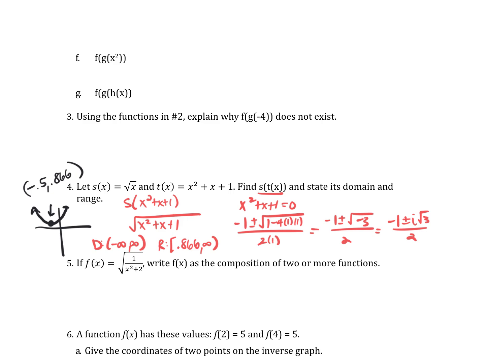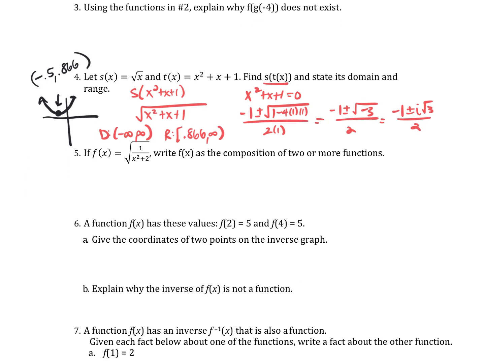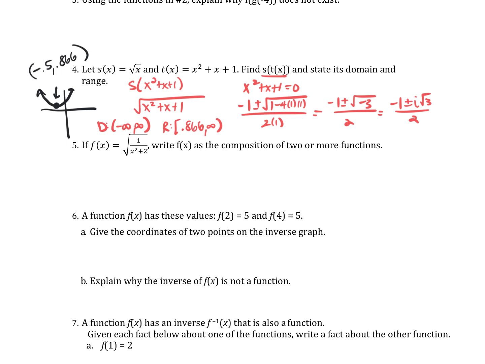All right, so number 5, write f of x as the composition of 2 or more functions. So there's 2 ways to do this. The easiest way, whenever you have a square root, is you let the inside equal your one function and the outside equal the other. So we're going to say f of x equals g of h of x.